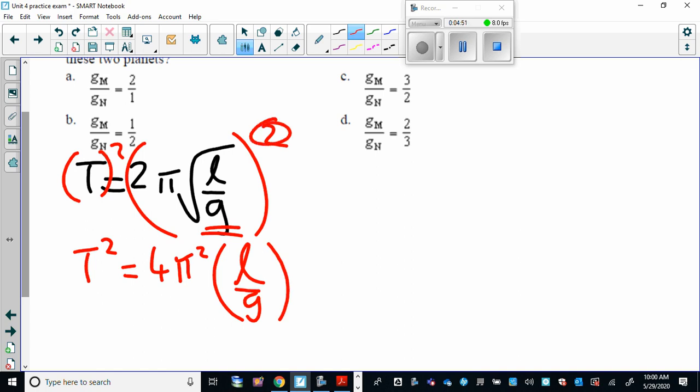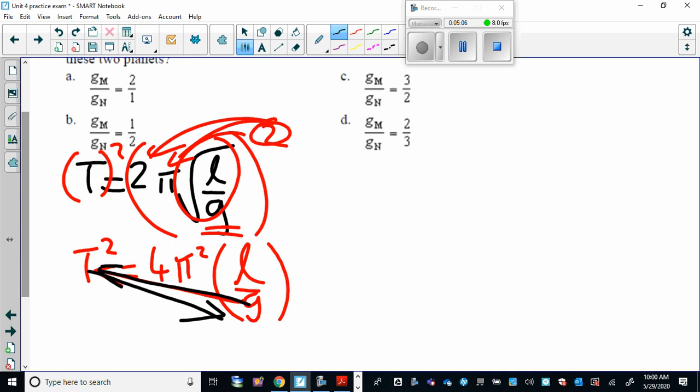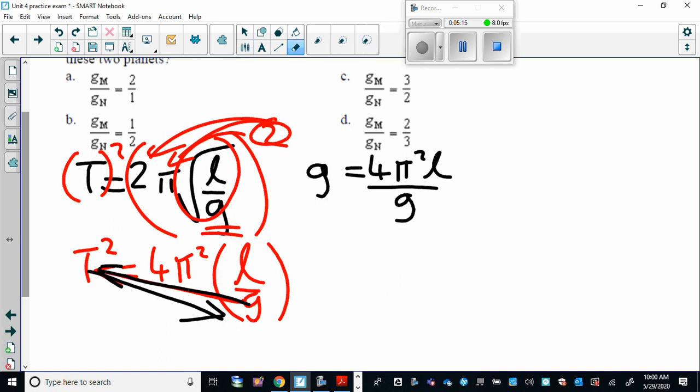That's squaring everything, which just has the function of eliminating that square root sign. And then you can move your g up here, and move that down there, and you're going to get g equals 4 pi squared L over T squared. So that's that formula solved for g.